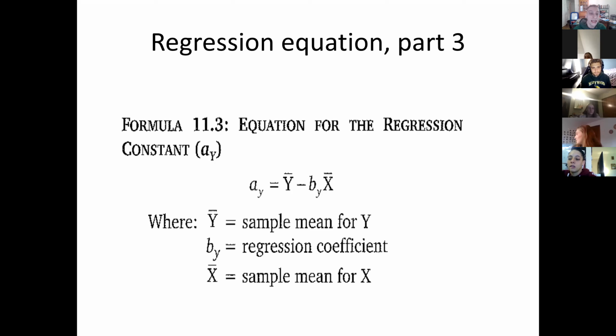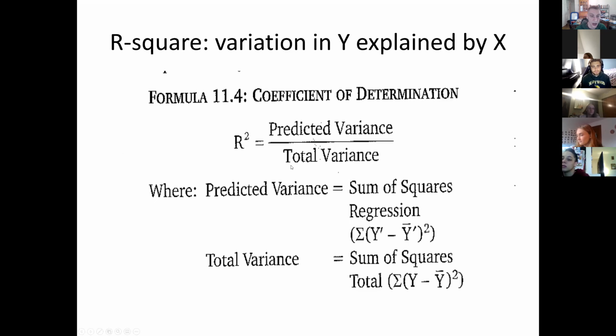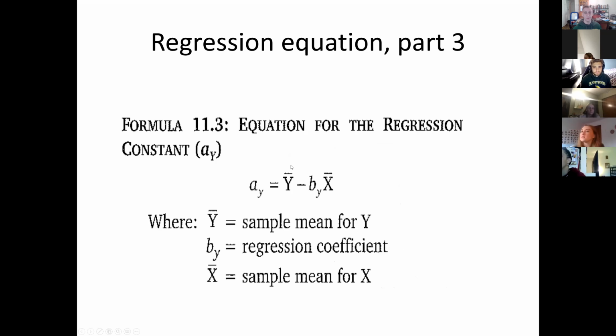And so that is given in the equation, just like b is given in the equation. But to find it, that is what it's equal to. It's the average of y minus b times the average of x. That's where the y-intercept comes from, or a, or the constant. Those all mean the same thing. Okay, so you've got the b component, the a component, x is what you're plugging in values for, and y is what you're solving for.